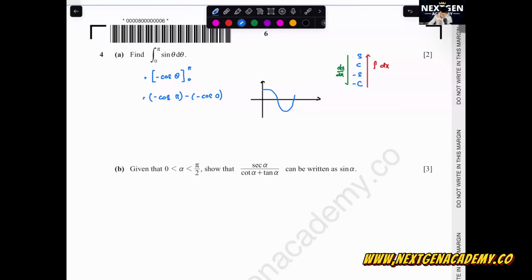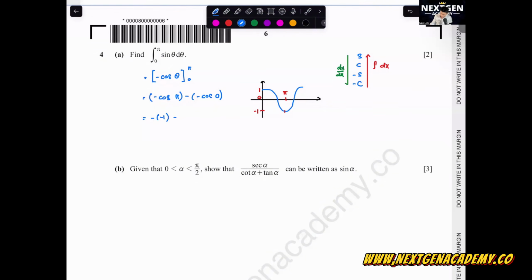This is a cos graph. What is cos pi? Pi is here, and the value is -1. When you're at 0, the value is 1. So negative cos pi is +1.